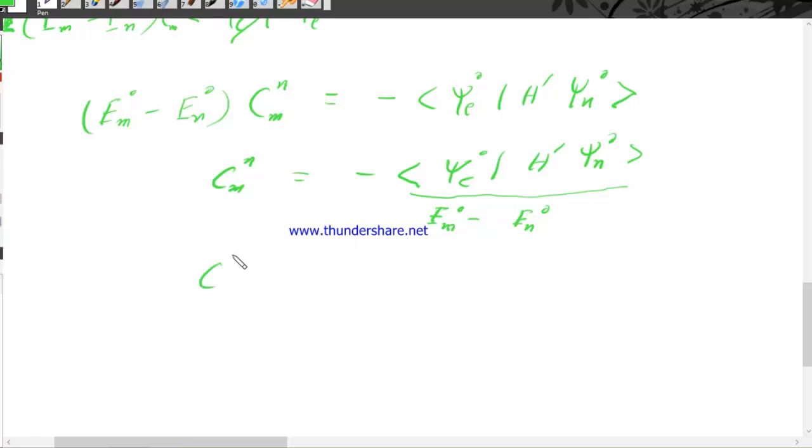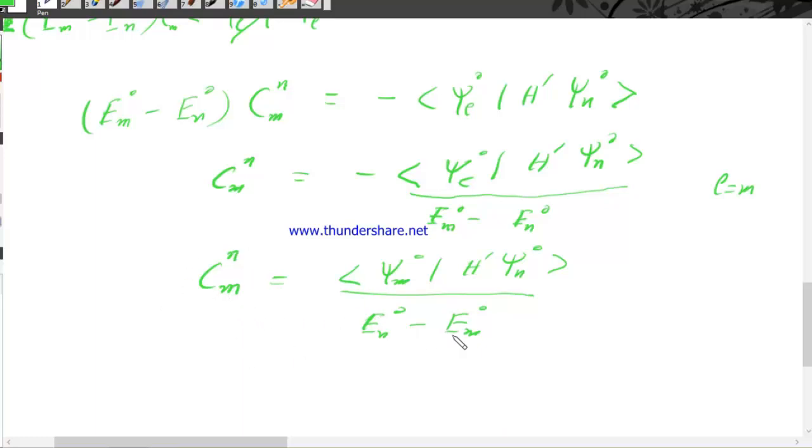So this equation can be written as, and also we put l equal to m, ⟨ψm⁰|H'|ψn⁰⟩ divided by En⁰ minus Em⁰. This is the constant to find.